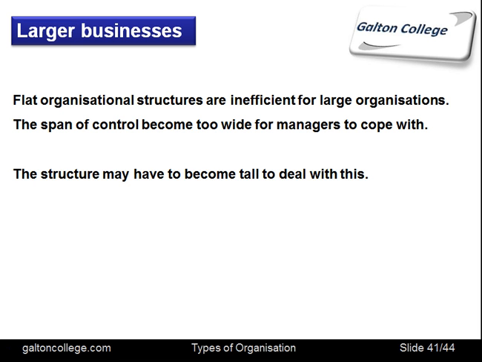Otherwise, communications from the top down become complex. So there is a real issue in designing the optimal structure of the business, which is really a trade-off between the number of layers of management versus the span of control for each individual manager.